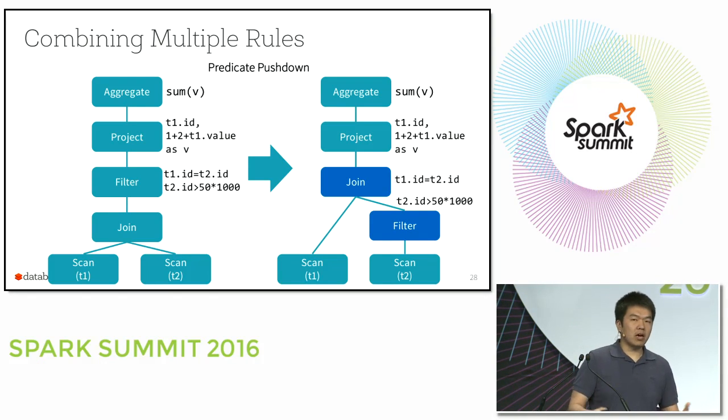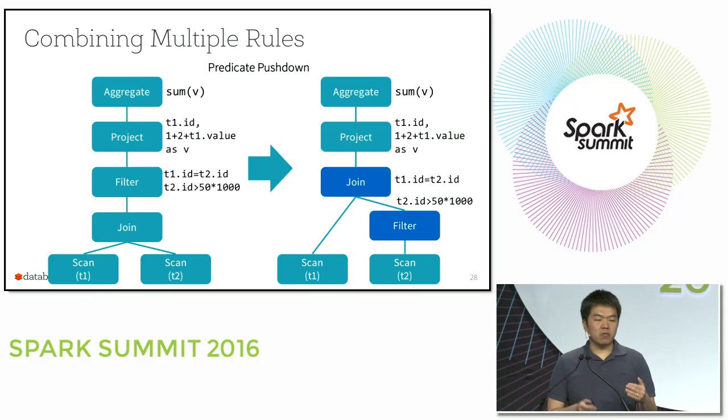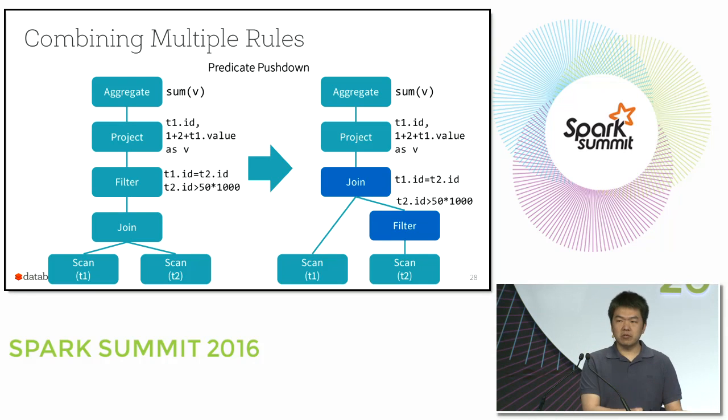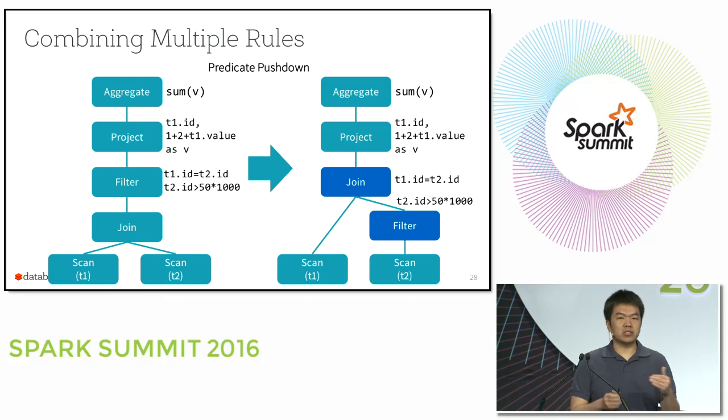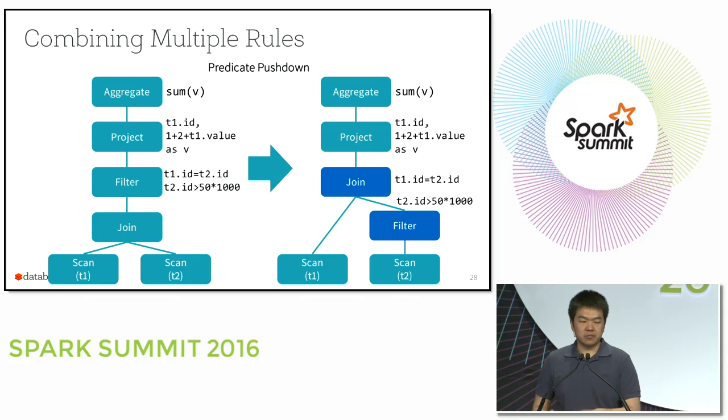We use a rule called predicate pushdown to push the filter. One filter will be pushed into the join because it uses columns from both tables. Another filter, T2.id greater than the result of 50 times 1,000, will be pushed through the join because it only uses the column from T2.